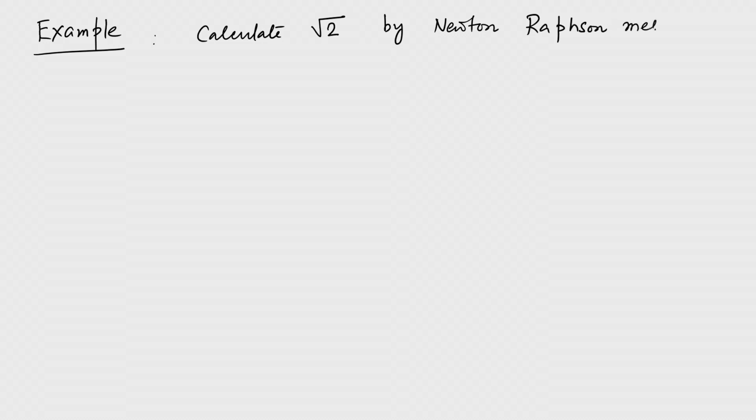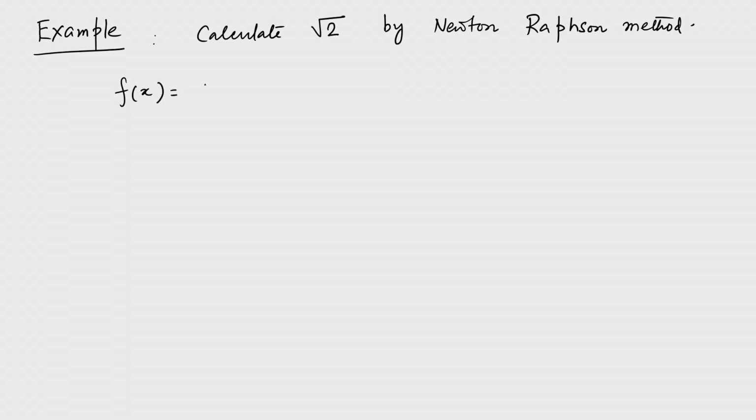Calculate root over 2 by the Newton-Raphson method. So, that tells you that f of x is equal to x square minus 2 equal to 0. You have to solve this equation in order to find the value of the square root of 2.